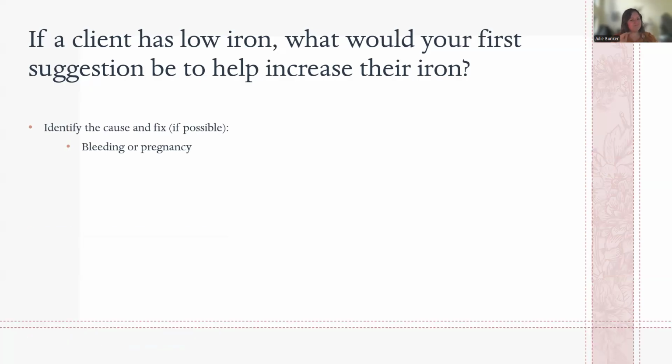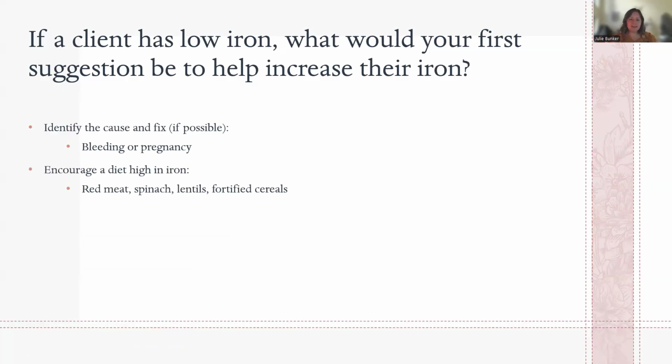Low iron is more than likely going to be associated with bleeding. Could just be an all-around deficiency, but they could be pregnant. If it's something like they're bleeding, especially think GI bleeding, let's find it. Let's try to get it fixed. Increase your iron levels from there. Okay, but identify the cause and fix. That's always going to be the first step in the process.